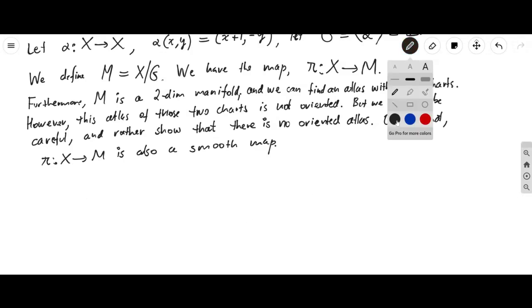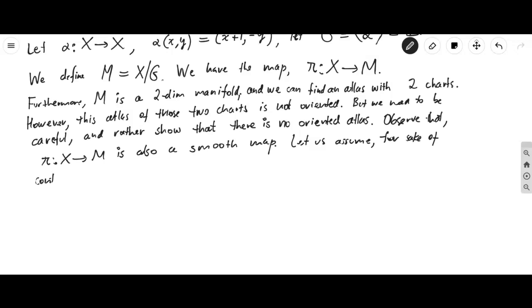And we claim, okay, so let us assume for sake of contradiction that there is an oriented atlas O for M. And we're going to use that to get a contradiction.